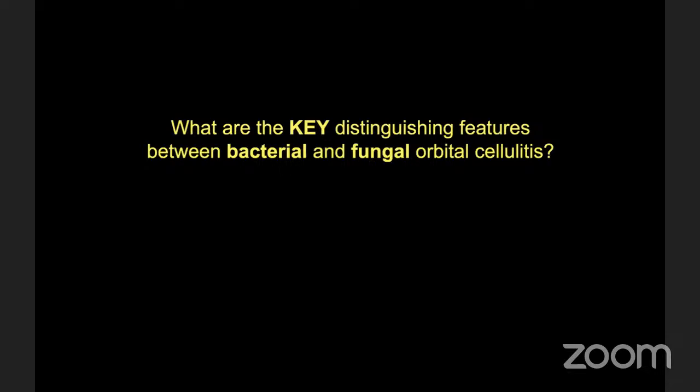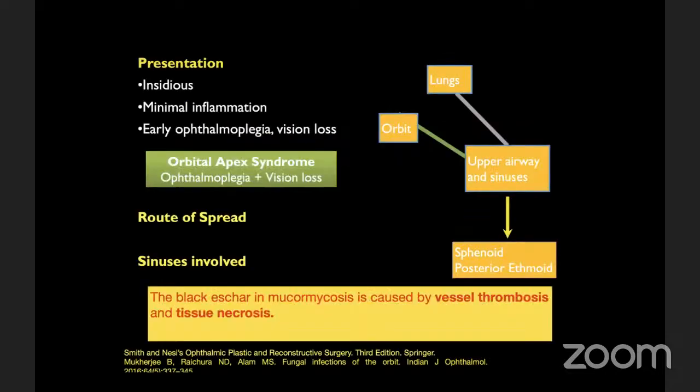So the key distinguishing factors between a bacterial and fungal orbital cellulitis would be, like I just ran you through, that the posterior orbit would be involved mostly, and the infection would be more of an insidious course. There is very minimal inflammation in comparison to a bacterial type, and there is early ophthalmoplegia.